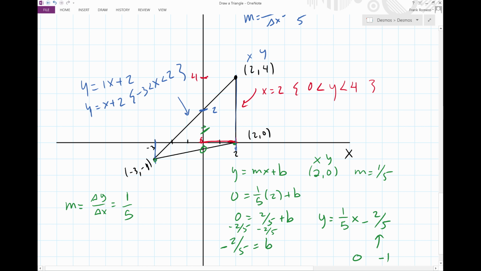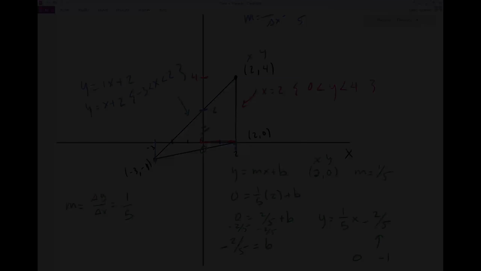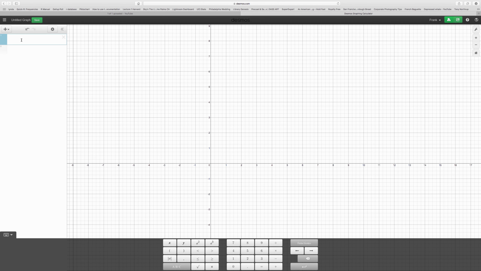Okay, so now let's see if we can do this in Desmos. So the first one is going to be, let's try x equals 2, and it's bounded by 0 less than y less than 4.